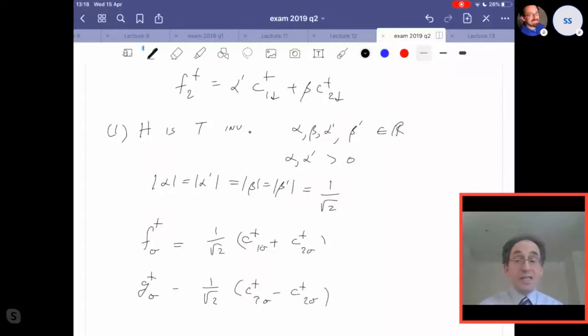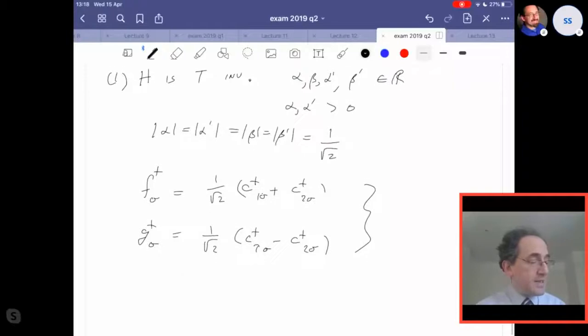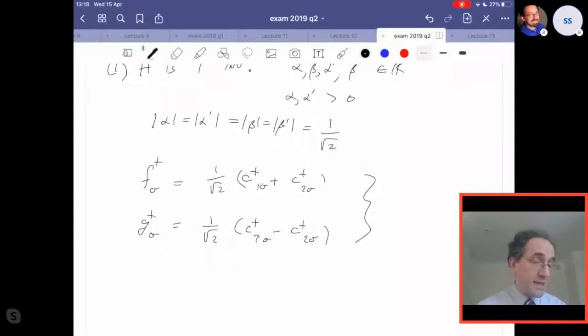Okay, so these operators span the entire Hilbert space. We can create everything. This is a way to describe the Hilbert space in terms of these F and G operators. And the claim is that the Hartree-Fock ground state is going to be something like F up, F down on 0.